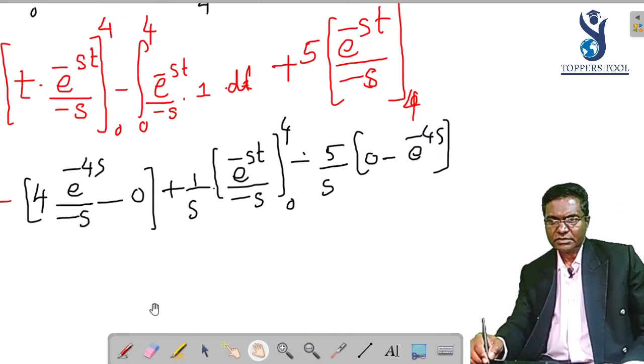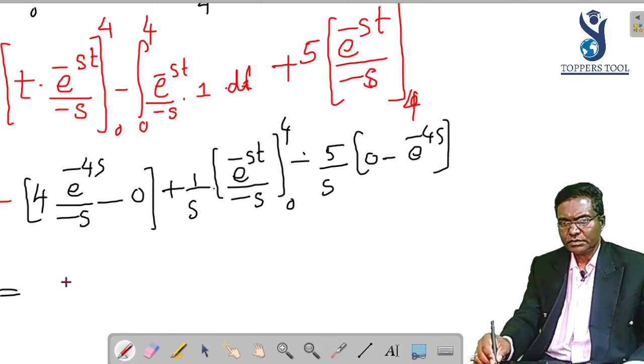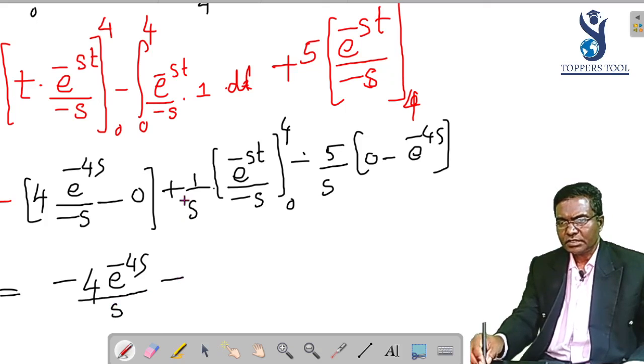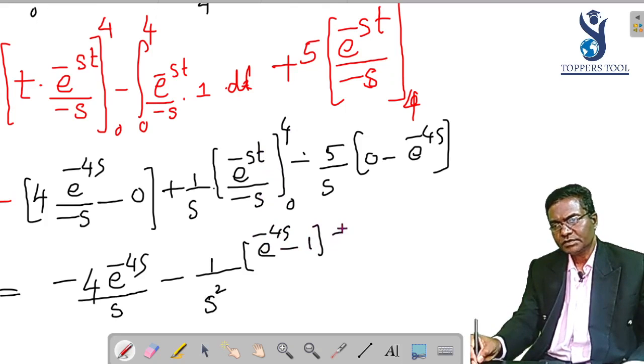Okay, so you can put it in the simplest form. I can write minus e power minus 4s by s minus 1 by s square, and substitute t as 4, it's a minus 4s. Next e power 0 is 1, minus minus plus 5 e power minus 4s by s.